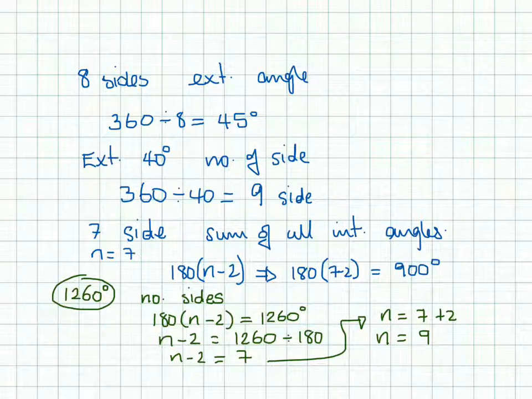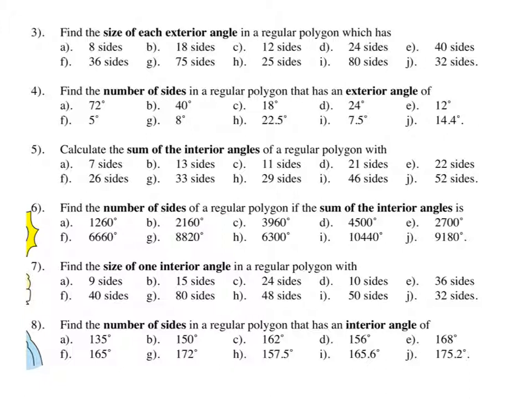Now, if you check the video on angles in polygons, you're going to see that for a 9-sided shape, all the angles in it add up to 1260.